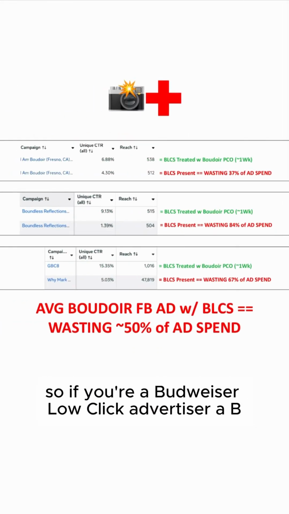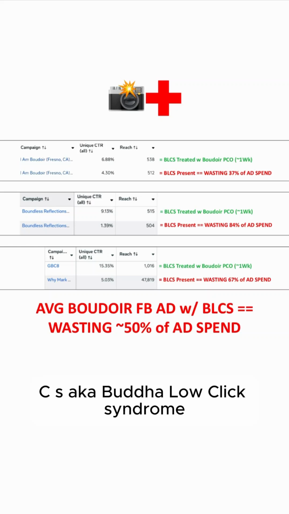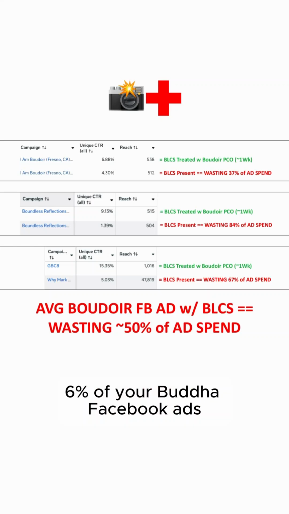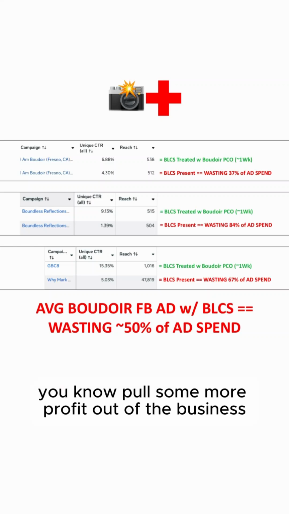All right, so if you're a boudoir low click advertiser, a BLCA, and you've got BLCS, aka boudoir low click syndrome, so your unique CTR is under 6% on your boudoir Facebook ads, and you're spending more than 10 grand a month on boudoir Facebook ads, and you want to pull some more profit out of the business.